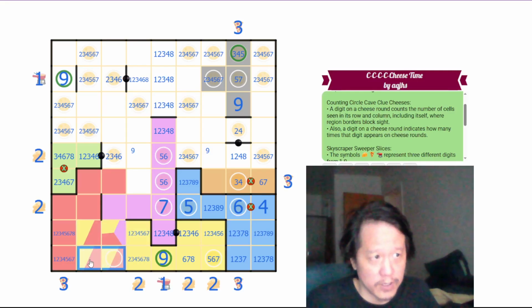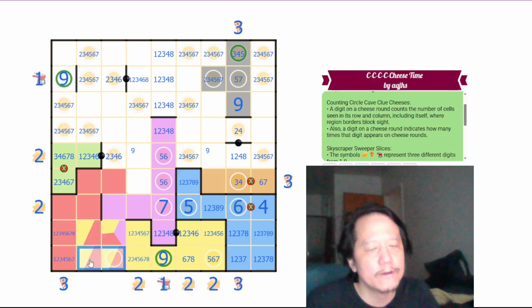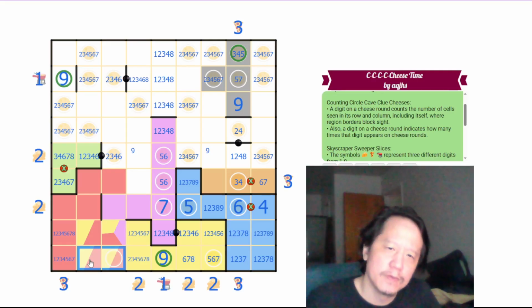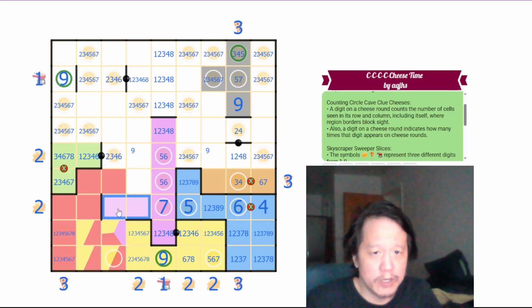We could have yellow, yellow there. Yeah, this is kind of convoluted. What else do we have? I was hoping this would lead to an immediate contradiction, but we don't. We could have yellow, yellow, red, red.